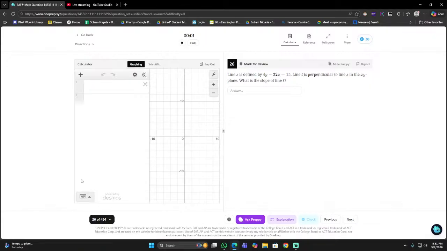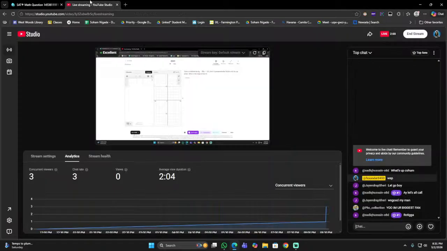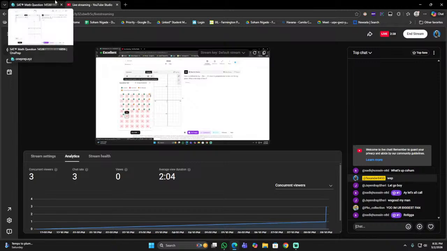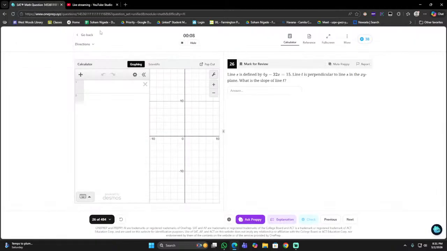26. Line S is defined by 4y minus 32x equals 15. Line T is perpendicular. Perpendicular means you just need to find the opposite slope. So let's solve for y really quickly.